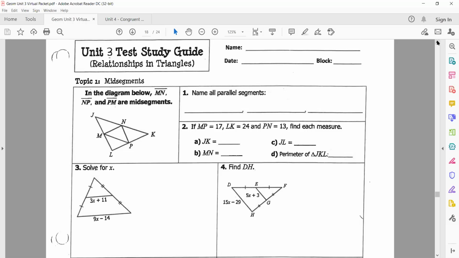A mid segment connects the two midpoints of sides of a triangle. That connecting line is half of the line that it is parallel to. So in this first example, this line MP here is a mid-segment. It's parallel to JK, so it's half as long as JK. Or if you say it the opposite way, JK is twice as long as MP.